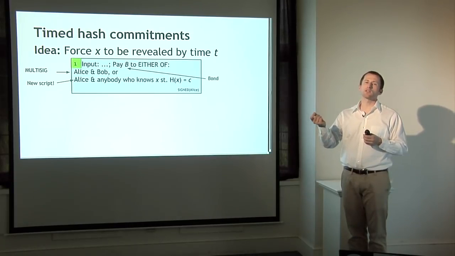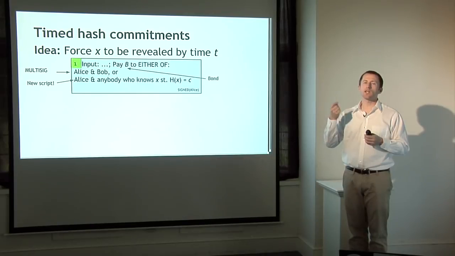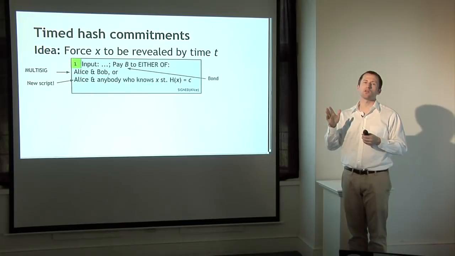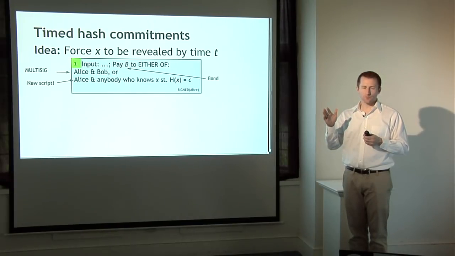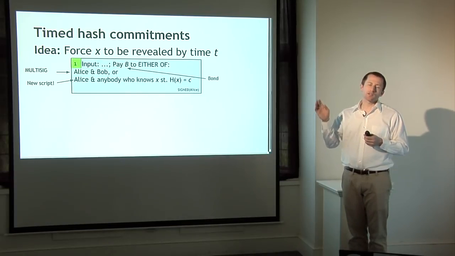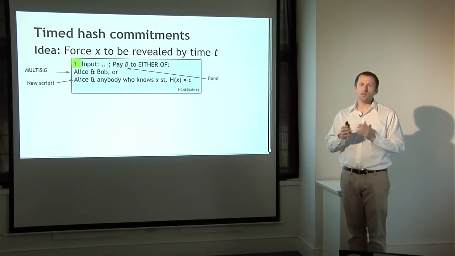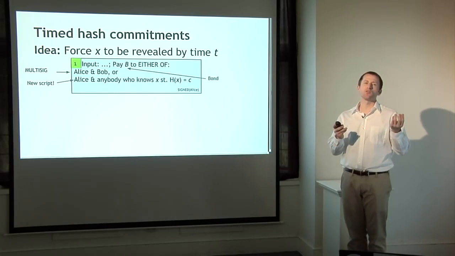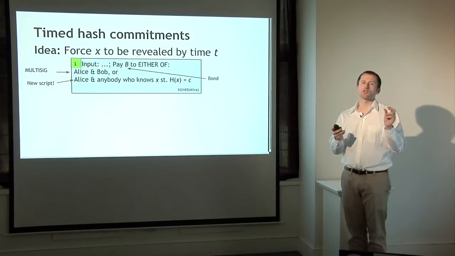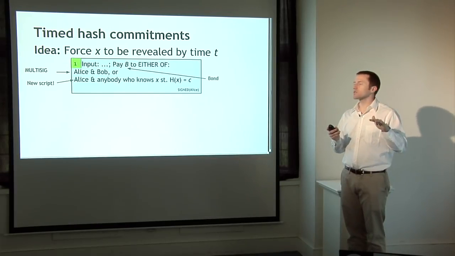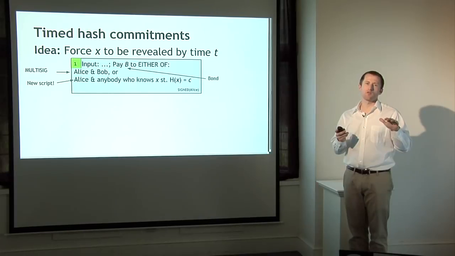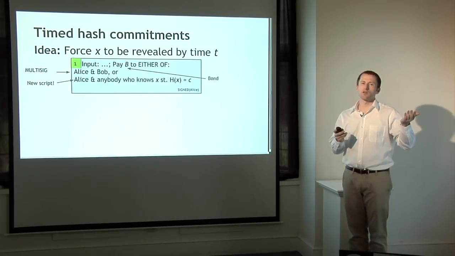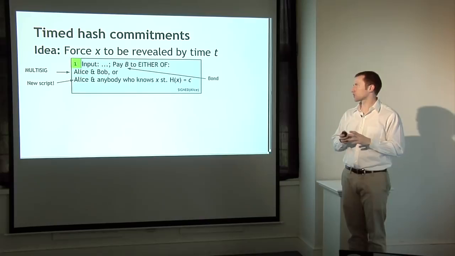Or if Alice signs and reveals what her data was, and you can check this in a Bitcoin script, you can check that there's a value in the redemption script, the script sig, that includes that value x that has a certain hash. So Bitcoin, without changing anything about the script, allows us to include this property that you have to specify this data with a certain hash in order to claim payment. So in that case, Alice can claim the money all by herself, but she has to reveal her chosen value. She has to open her hash.